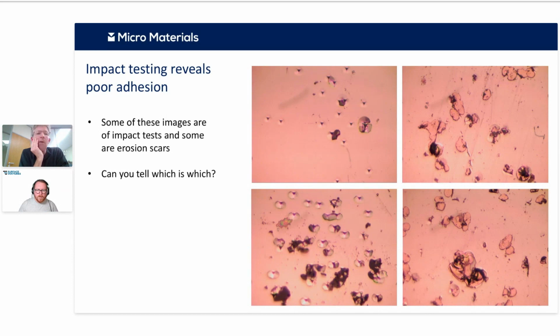Well, I'd say in a multi-layer system, you are sensitive to the mechanical properties across the different layers in the system, just as you are in a scratch test or an indentation test or anything like that.